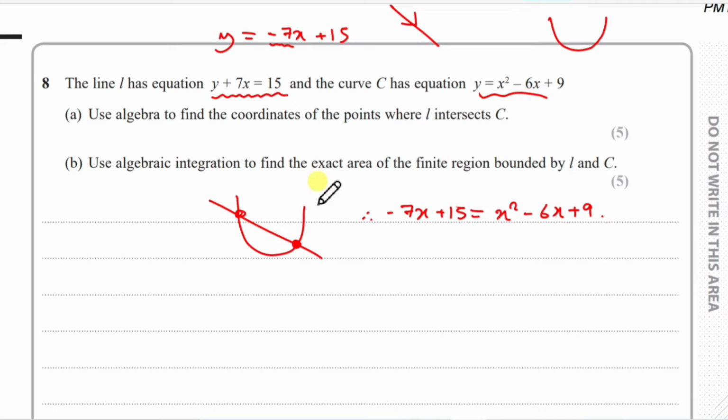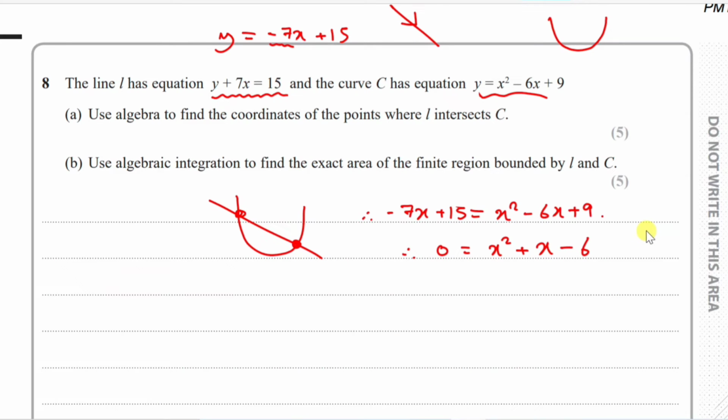I'm going to go ahead and make everything equal to 0, yeah? So it's going to look like a quadratic set to 0. So adding 7x and minusing 15, we're going to have 0 equals x squared plus 1x. So minus 6 plus 7x is just x. And 9 take away 15 should give us minus 6.